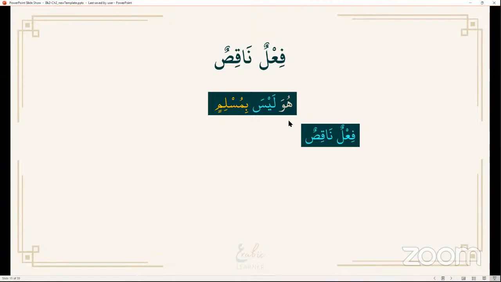See, if you remember, in the jumla fi'liya, fa'il always comes after fi'il. In this also, in Kaana and its sisters, ismu Kaana or ismu Laysa will always come after Kaana or after Laysa. So here the ismu Laysa is mustatir. Clear, brothers and sisters?